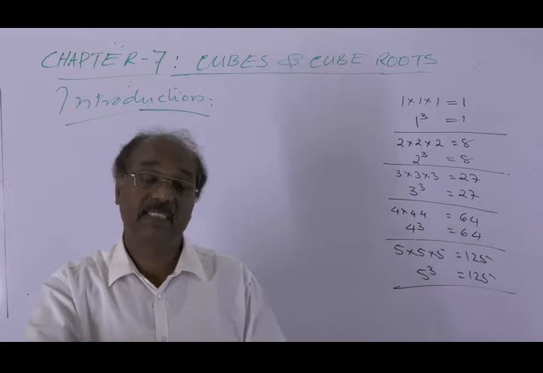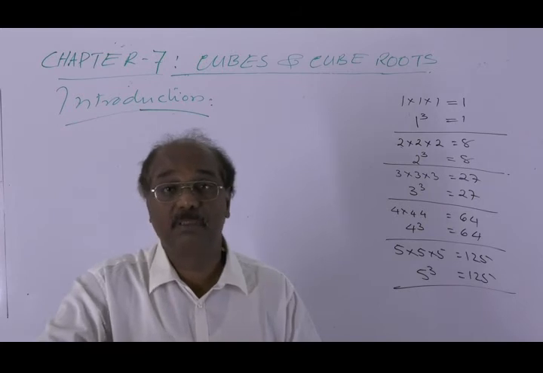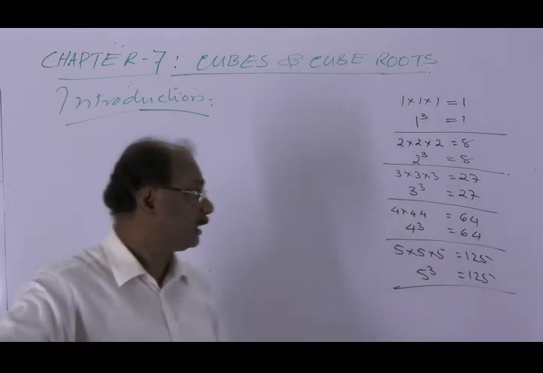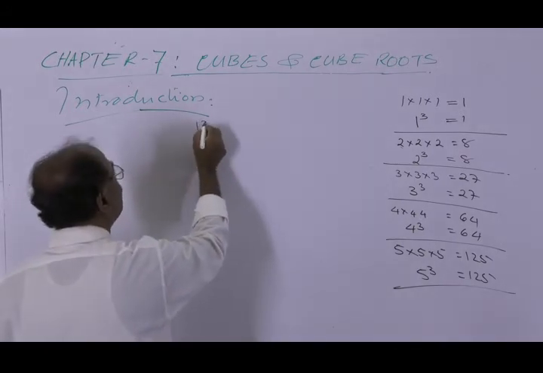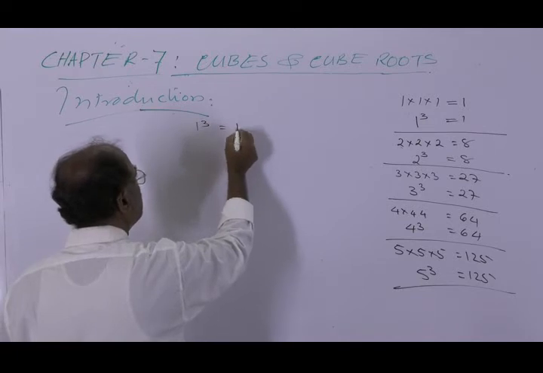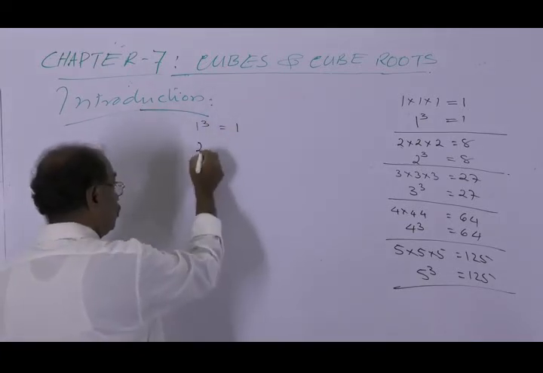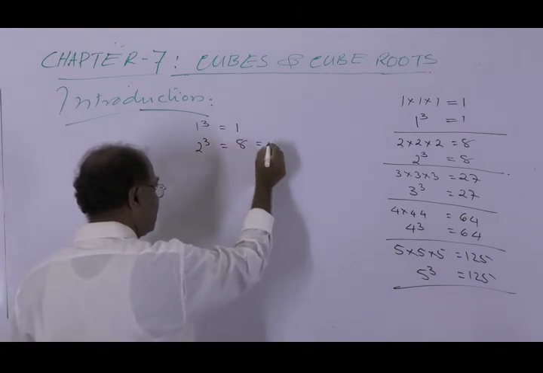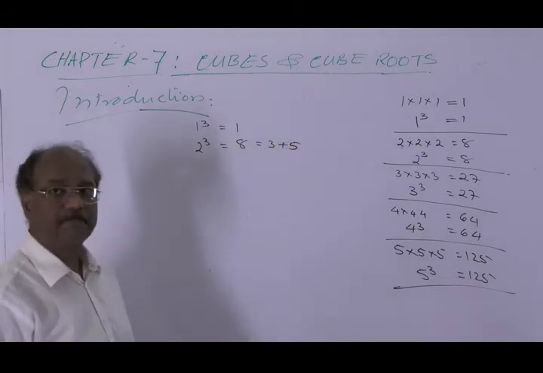And also, we can see a certain interesting pattern in the case of these cubes of numbers. So we get this pattern. Consider 1 cube, which is equal to 1. 2 cube is equal to 8, and we can write this 8 again as 3 plus 5.